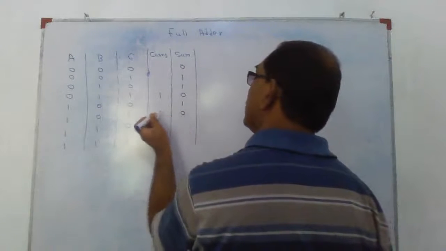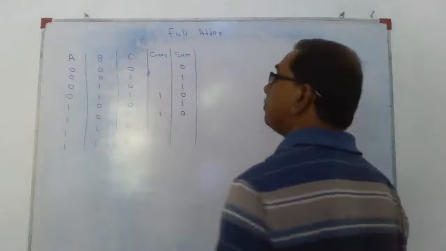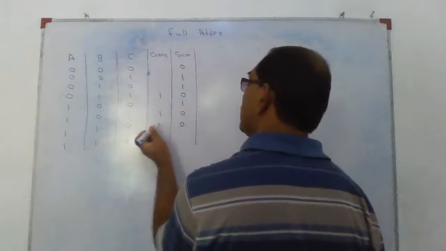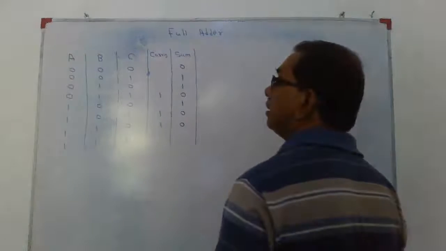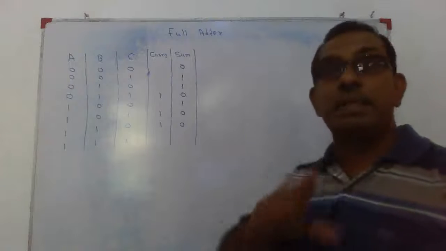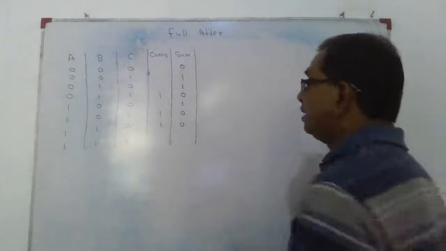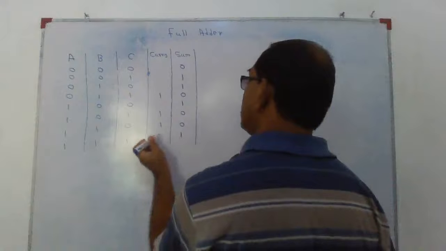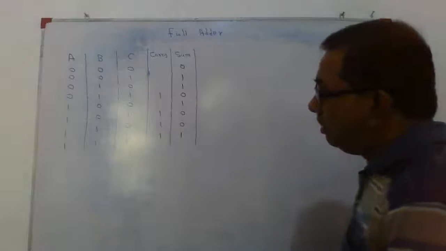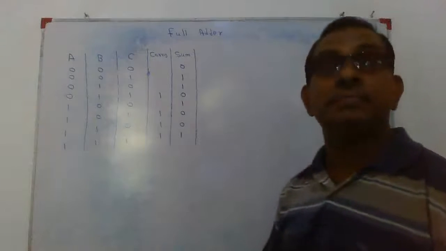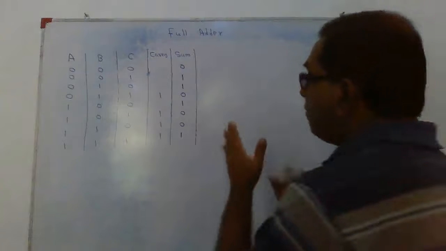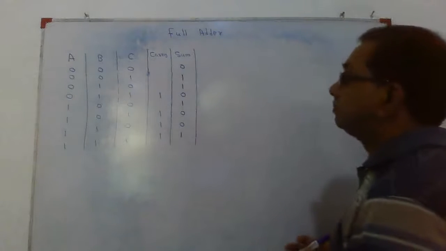So we put 0 here and 1 comes as the carry bit. 1 plus 1 is 2, so we put 0 here, 1 comes here. And 1 plus 1 plus 1, it is 3. So we put 1 here and another 1 here. This is the way of taking sum and carry.